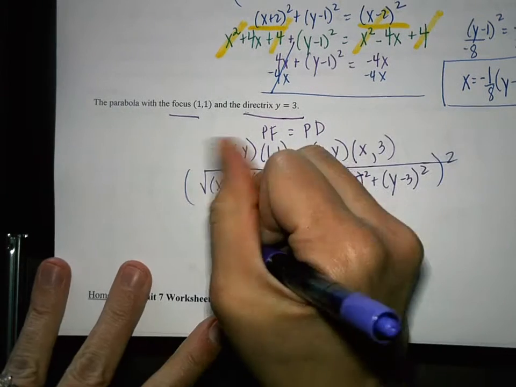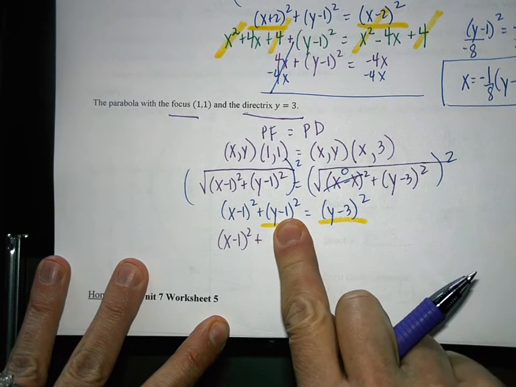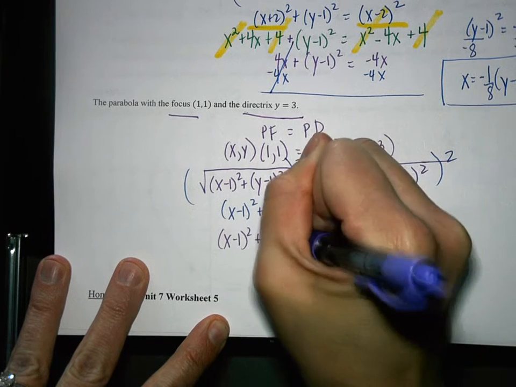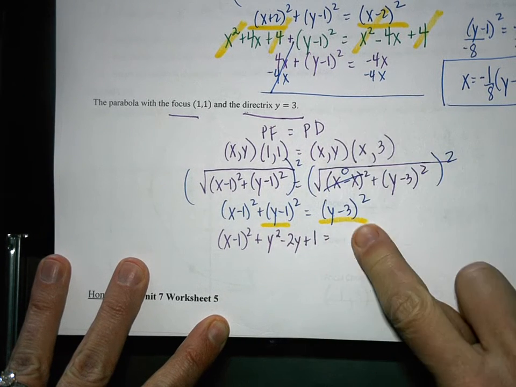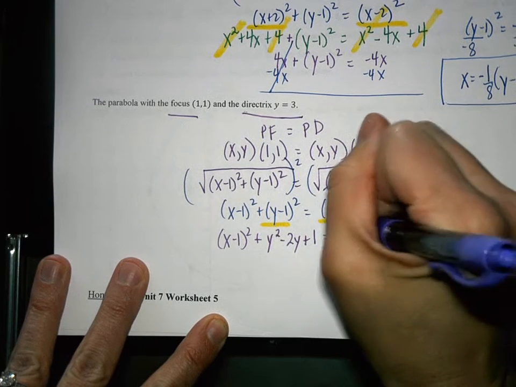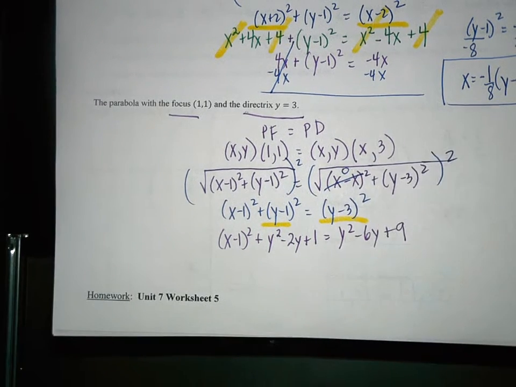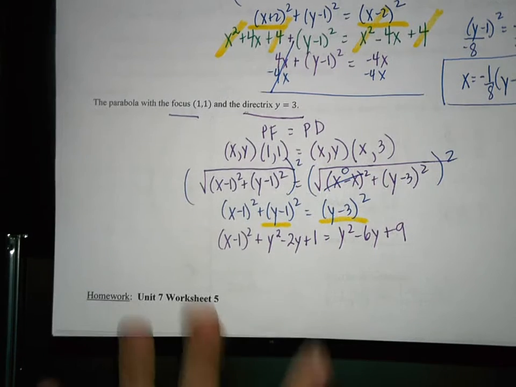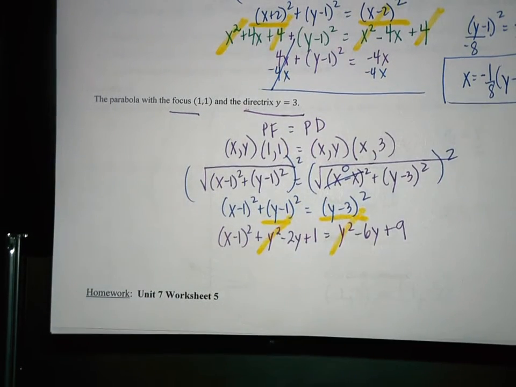So I have x minus 1 squared plus, when I multiply this out, I get y squared minus 2y plus 1 equals, I multiply this out, I get y squared minus 6y plus 9. Like terms that I can eliminate on both sides, in this case, is only y squared. Nothing else is the same.